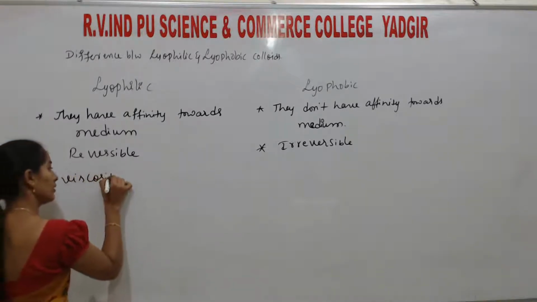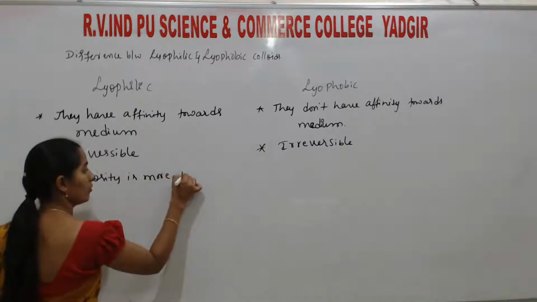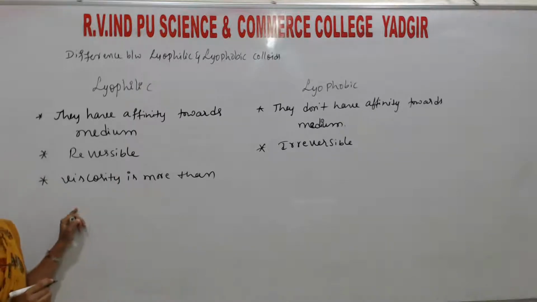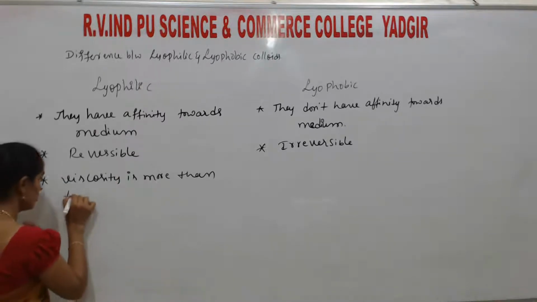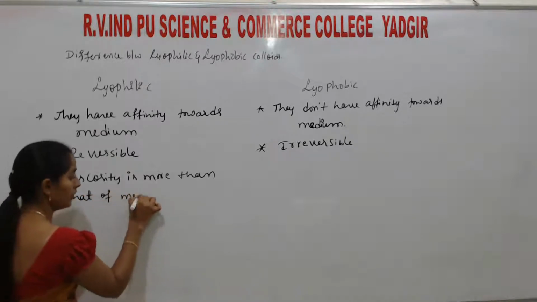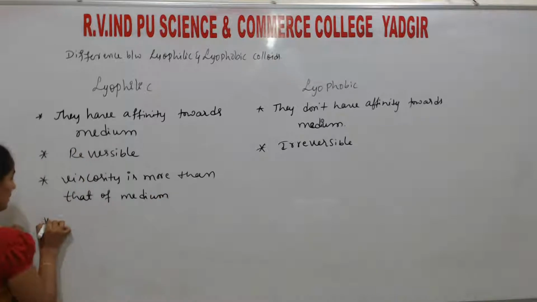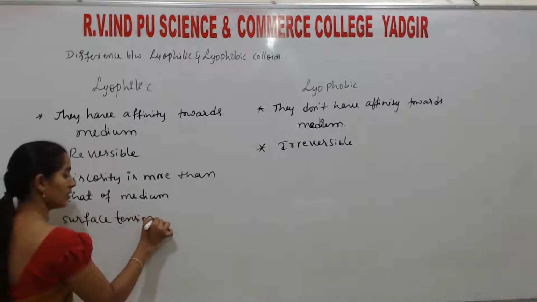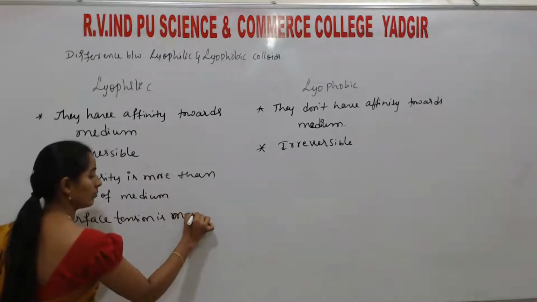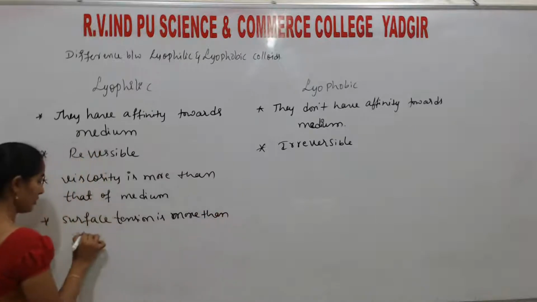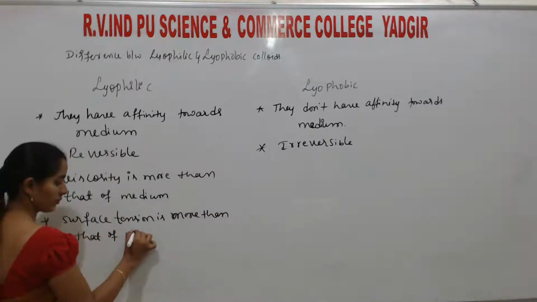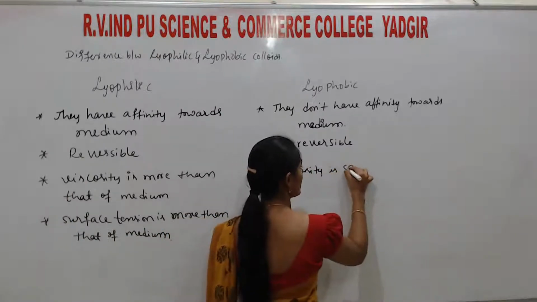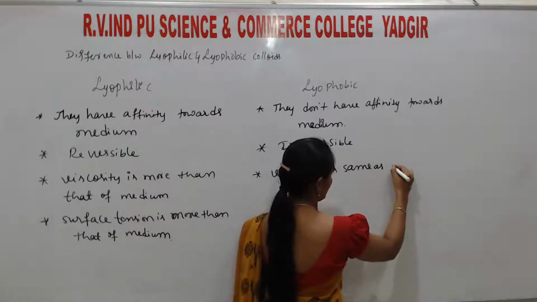Viscosity and surface tension: in lyophilic colloids, the viscosity is more than that of the medium. Similarly, the surface tension is more than that of the medium. In lyophobic colloids, the viscosity is the same as the medium.